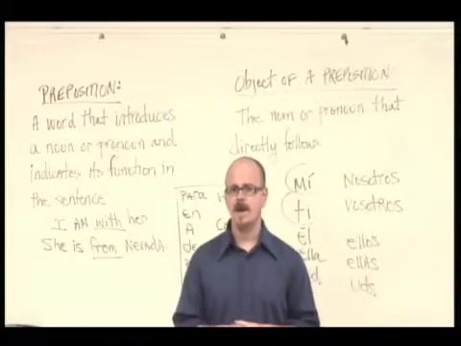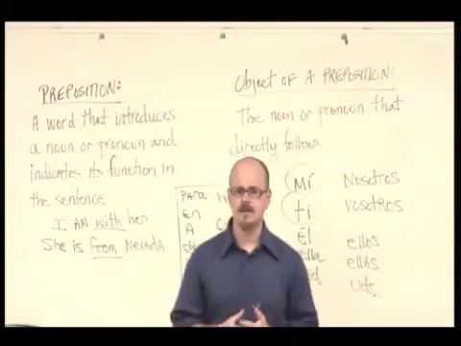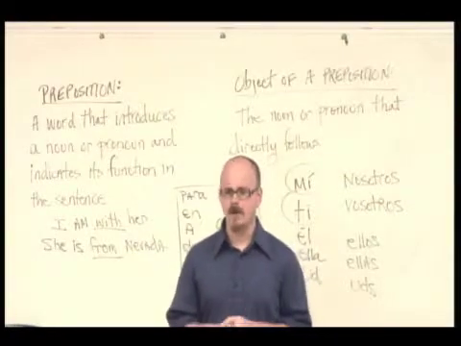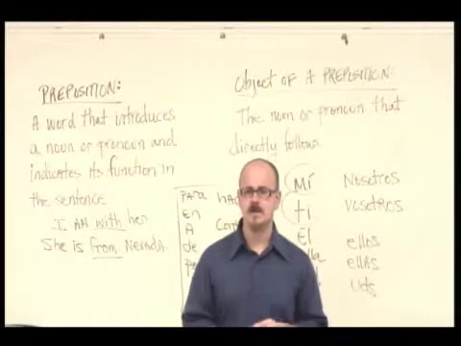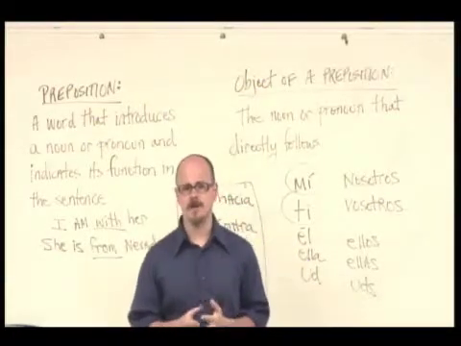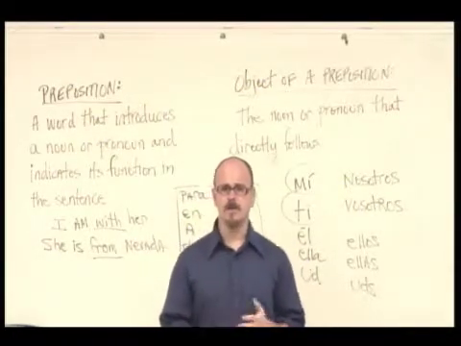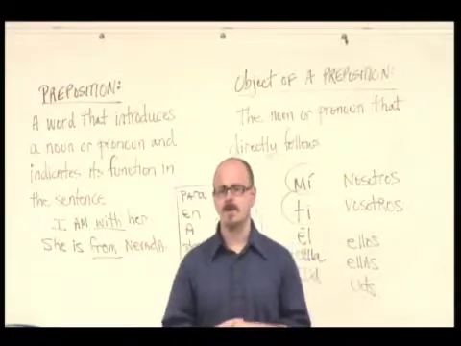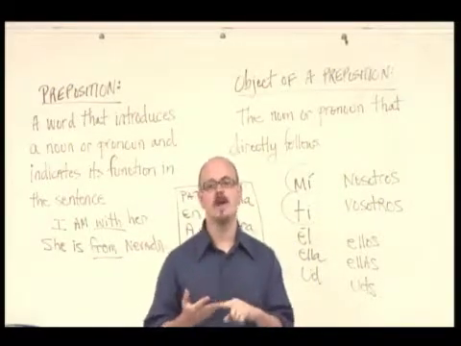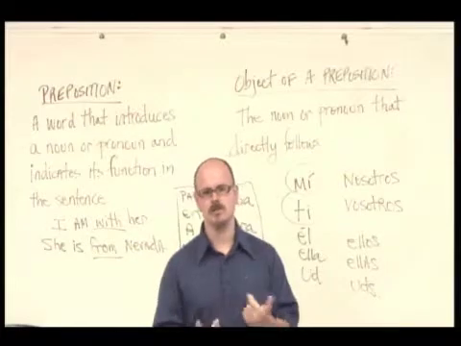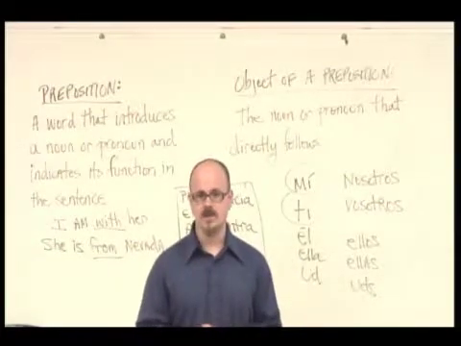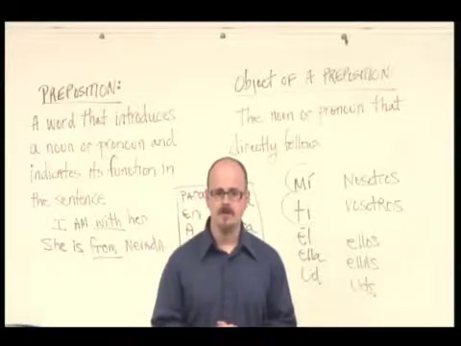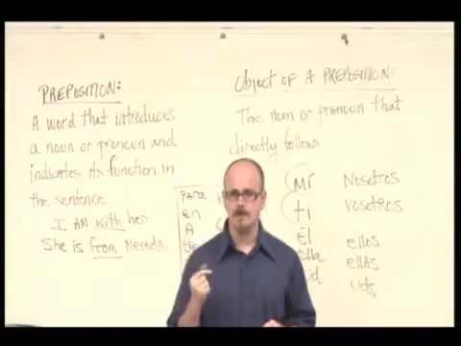All right? If the object of the preposition in Spanish is going to be a pronoun, the pronouns that we have in some cases are slightly different from the subject pronouns that we've already seen. You remember in chapter 1 we looked at subject pronouns: yo, tú, él, ella, usted, nosotros, vosotros, ellos, ellas, ustedes. The objects of the preposition that we're going to have are very, very similar, except for mí and ti.